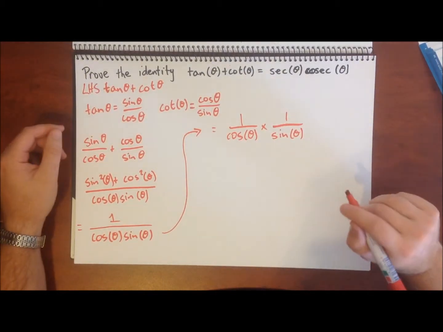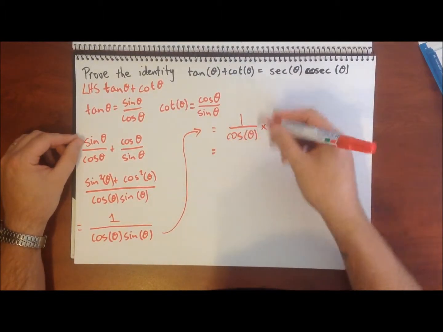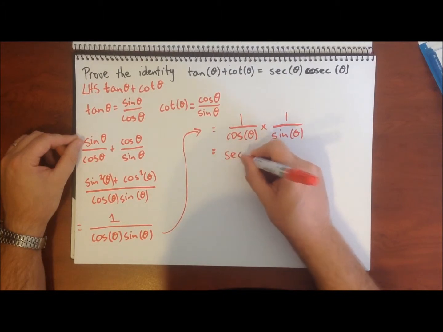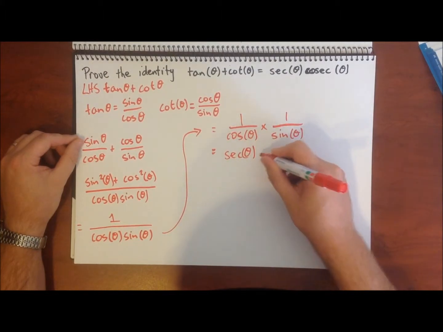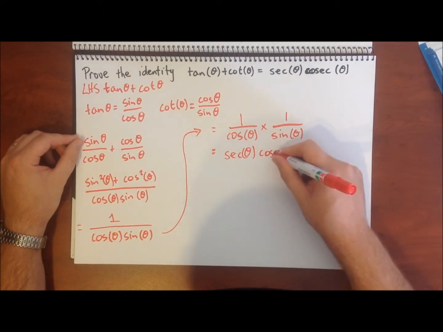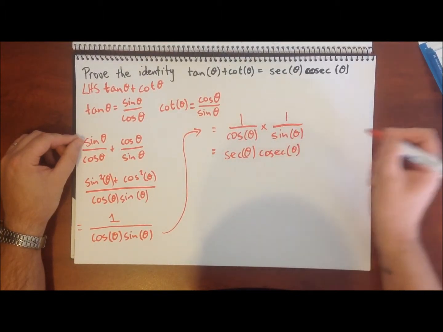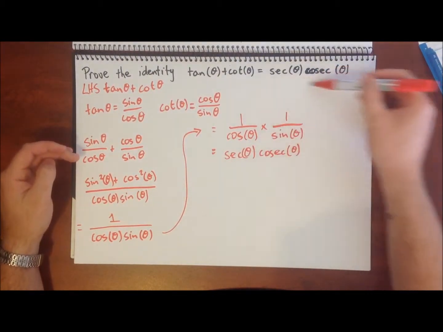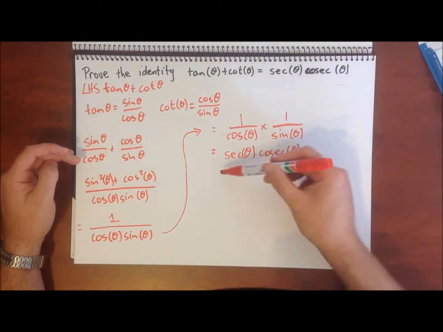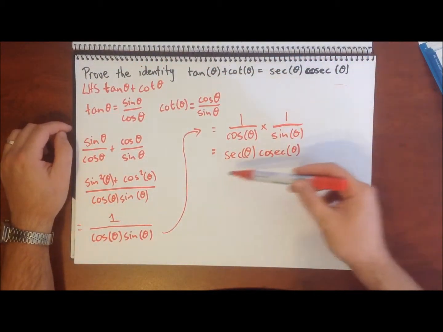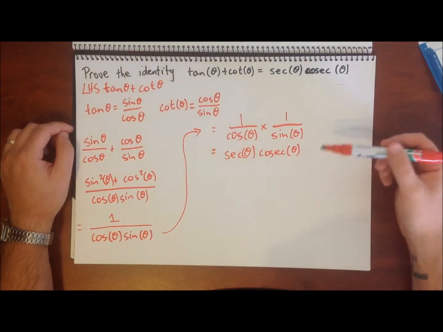So all we're doing is splitting that up, because 1 on cos is equal to sec theta, and 1 on sine is equal to cosec theta. So through this process, as you can see, we've ended up with what we had over here. We're showing that our left-hand side does in fact equal this, by this manipulation.